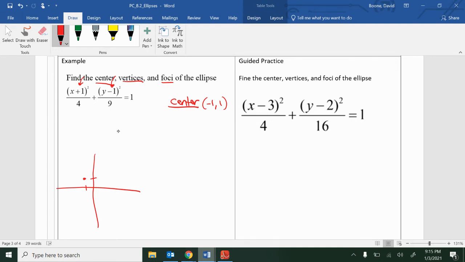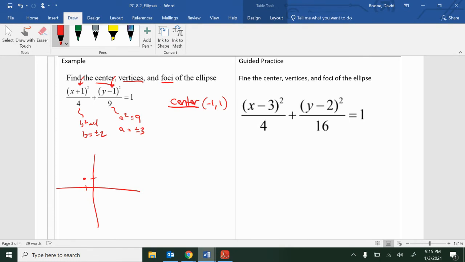Okay, so knowing that that's the longer one, that's my a squared value, because 9 is bigger than 4. So my a value is plus or minus 3. Here, that's the short one, so that's the b squared. So my b value is plus or minus 2.